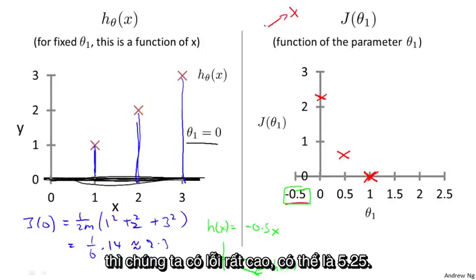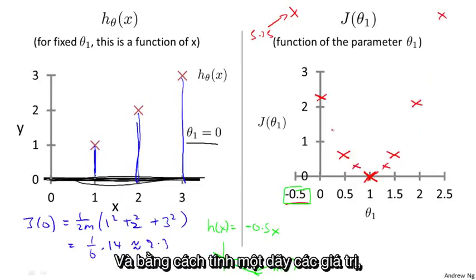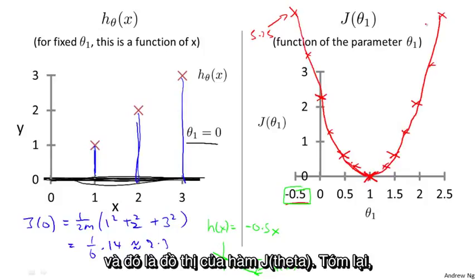It works out to be something like 5.25. And so on. For different values of theta 1, you can compute these things, right? And when you compute a range of values, you get something like that. And by computing the range of values, you can slowly trace out what this function, J of theta, looks like. And that's what J of theta is.